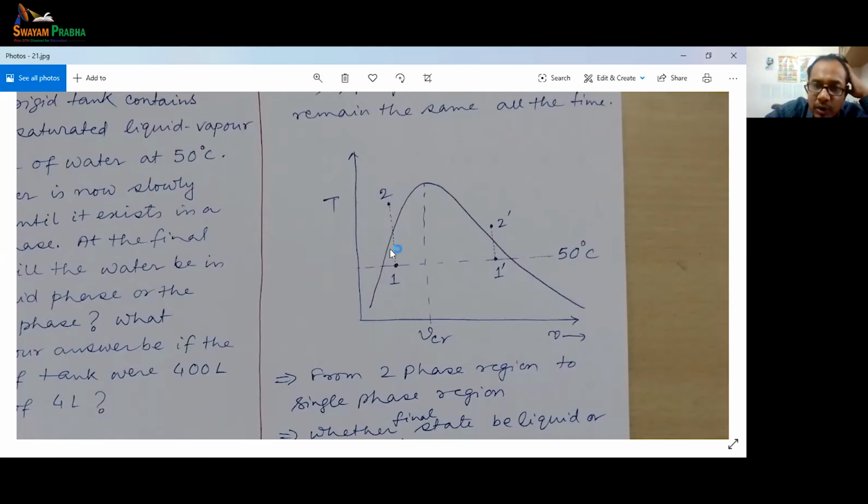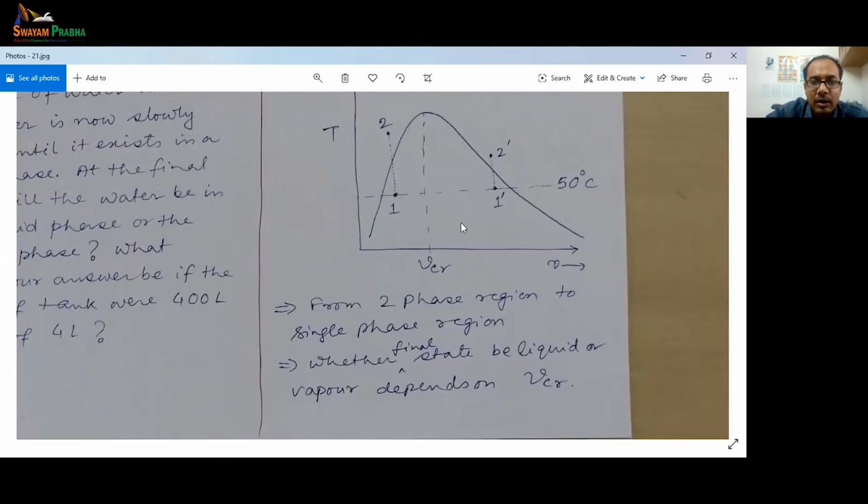If you are towards the left, then you will end up in the liquid phase after heating. And if you are towards the right of this critical volume, you will end up in the vapor phase after heating. Okay, so is the concept clear? It is very important to understand where on this line you are, and that depends on where you are with respect to the critical volume.